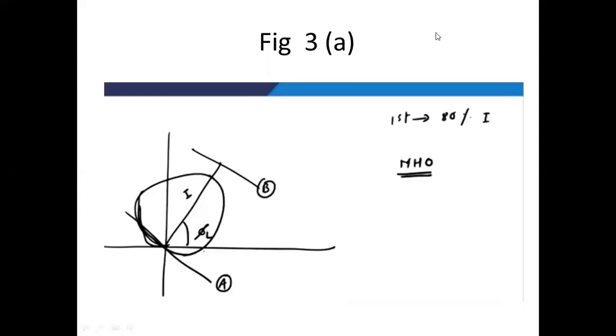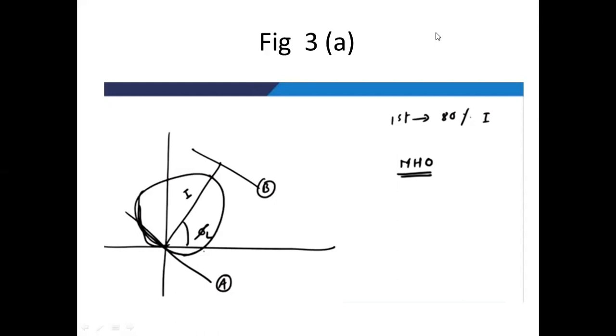Okay, so if I draw on the RX diagram bus A, the line, and bus B. The first zone of the distance relay covers 80% of the first line section. So this is our first line section.